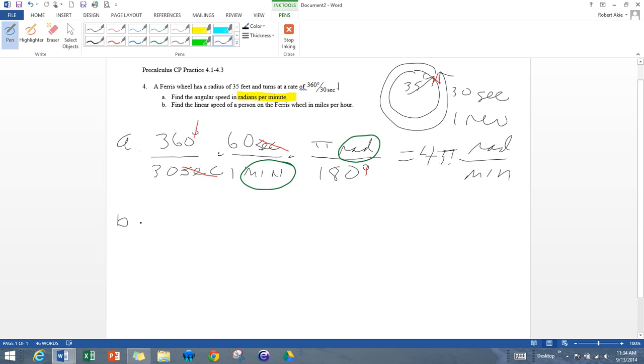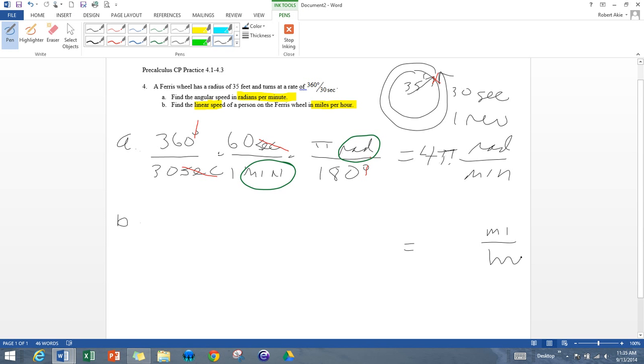In part B, we're asked to find linear speed, and we need to find it in miles per hour. So again, let's use the technique of putting the units we need for our solution on the right hand side. Miles per hour over here.